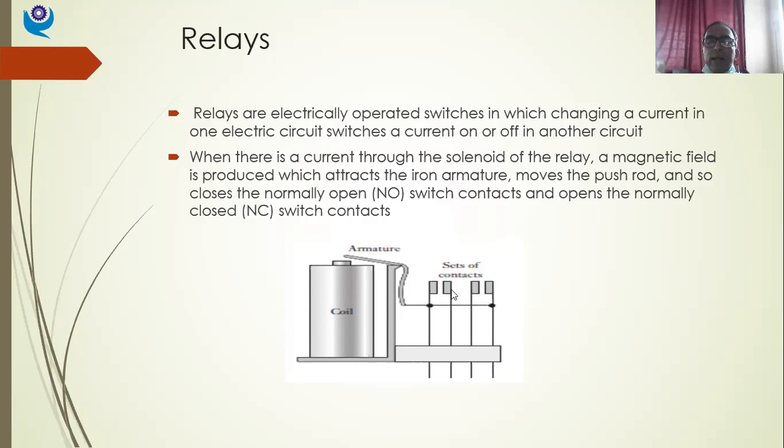And as I said, this was normally closed and this was normally open. What I want to do is open this and close this. So when I energize this coil, this armature will be pulled, this push rod will be pulled. Once this push rod is pulled, what happens? This normally closed contact will be open.